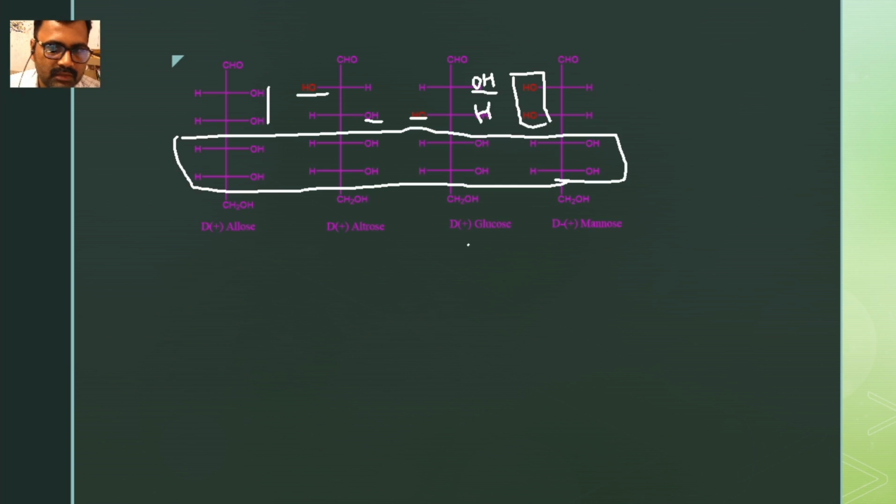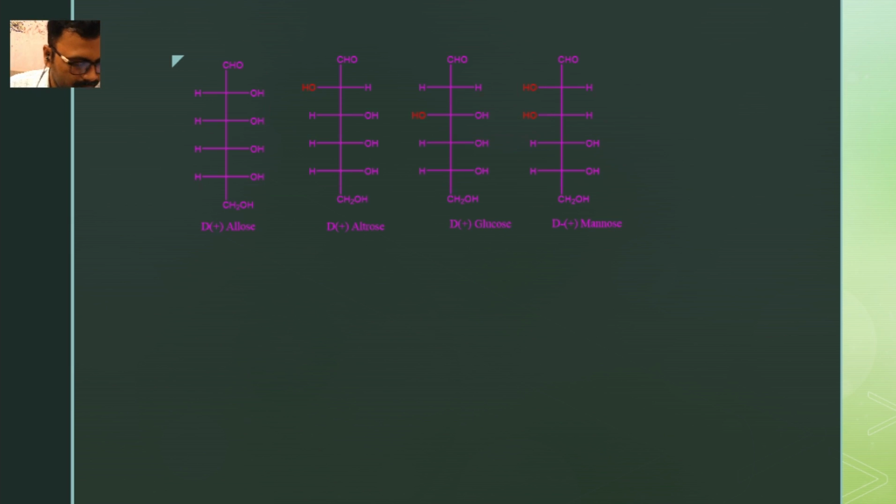So allose, altrose, glucose and mannose, we can memorize their series and keep in mind that the C4 and C5 OH groups are on the right hand side in these structures, and the remaining 2 will be alternately changed. The next series, the structure is this.